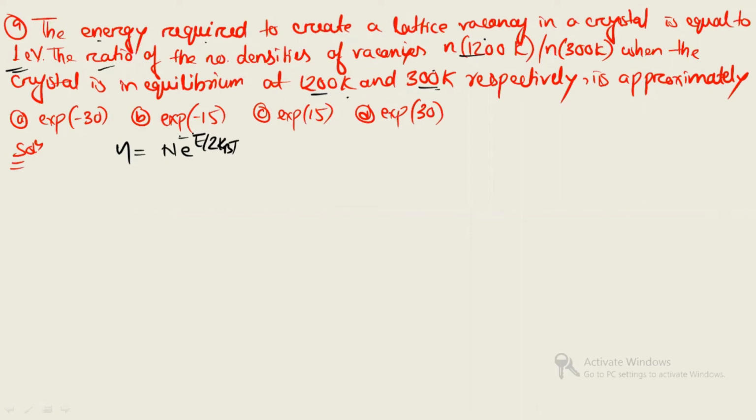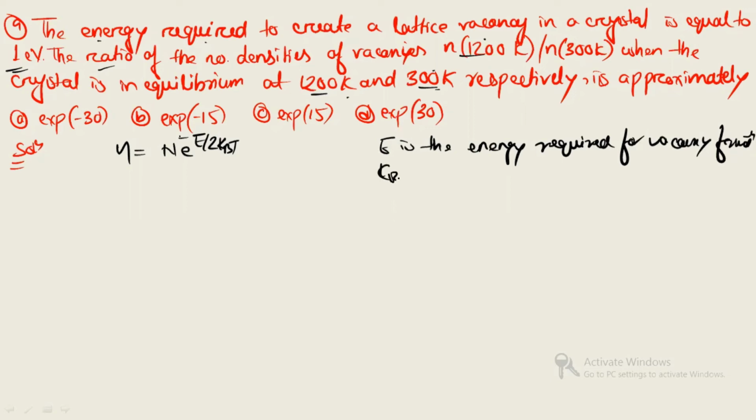The notations we know: E is the energy required for vacancy formation, right? Next, k_B, you know, is the Boltzmann constant.